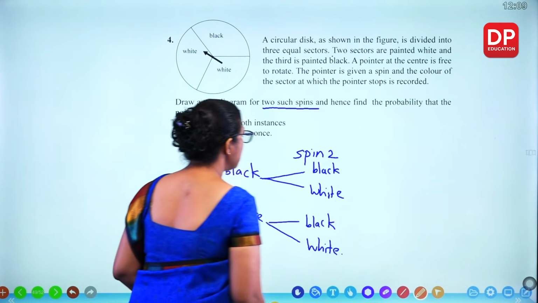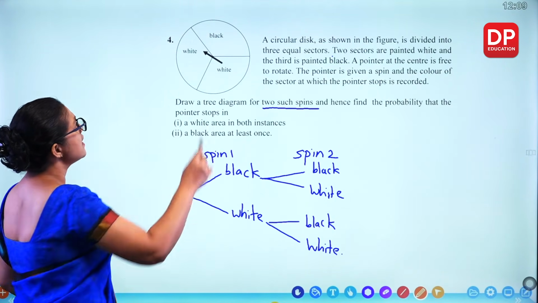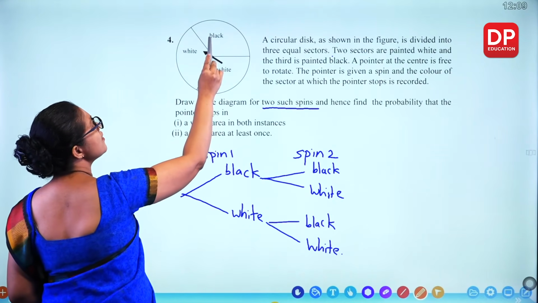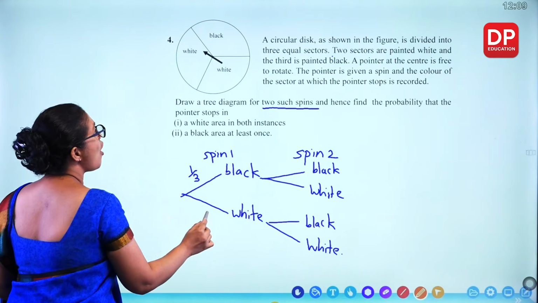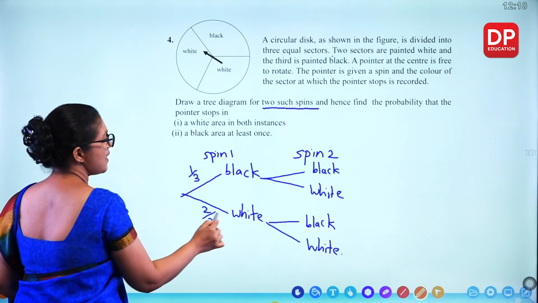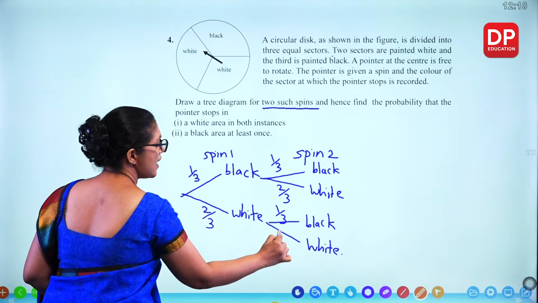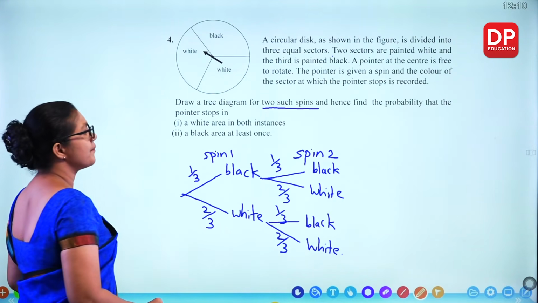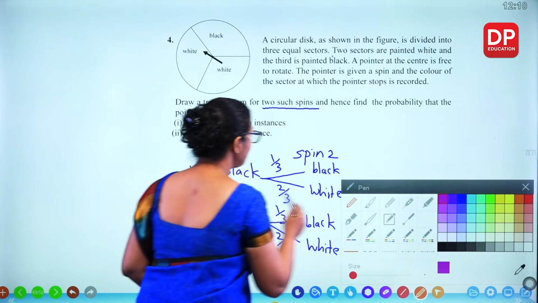Now fill the probabilities. Black, this is equally divided now. 1 out of 3, 1/3. So how many whites? 2/3 are there. 1/3, 2/3, 1/3 and 2/3. Now we can answer the questions.